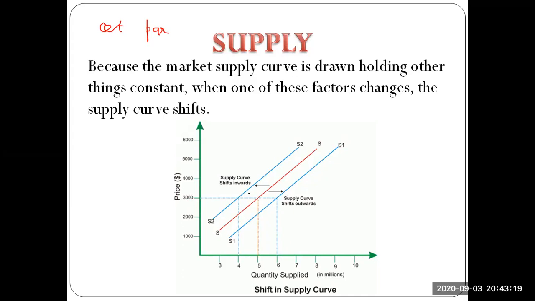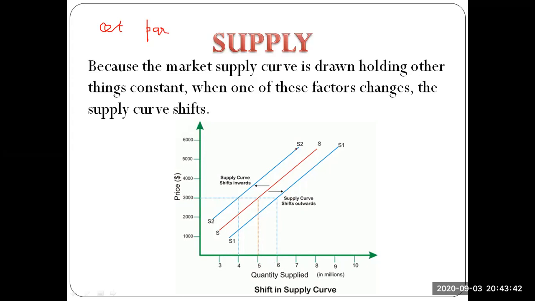Initially, at a price point of $3,000, 5 million goods were supplied to the market. After the supply curve shifts outwards, or rightward, at the same price point of $3,000, 6 million goods are supplied to the market.